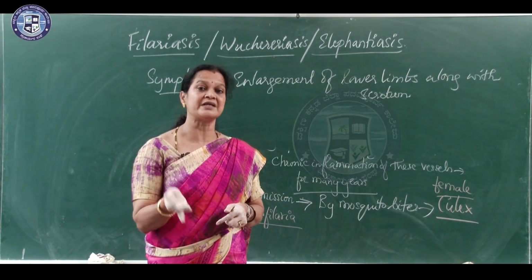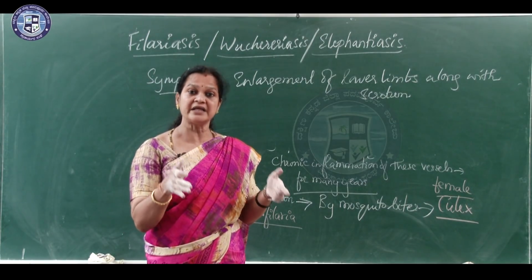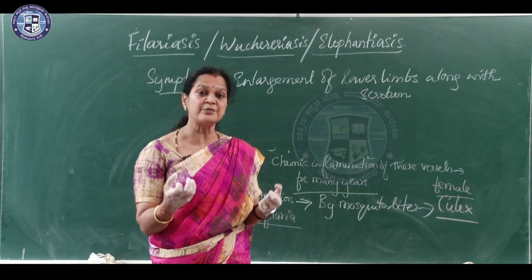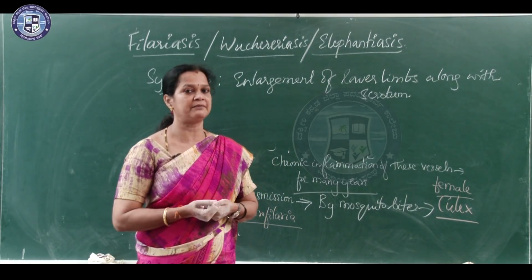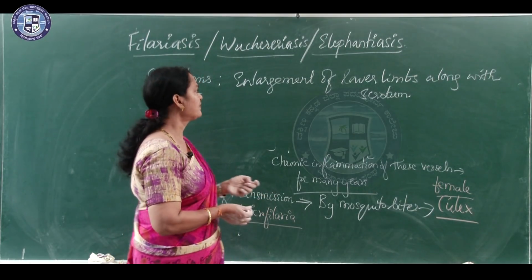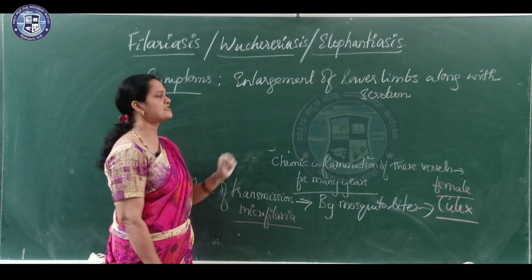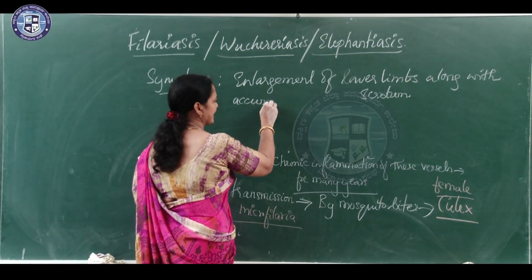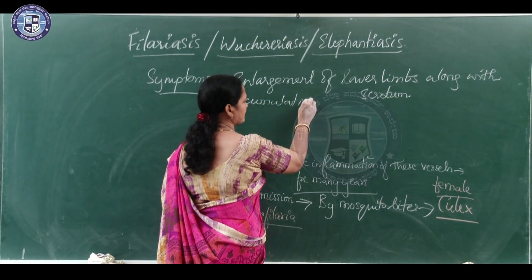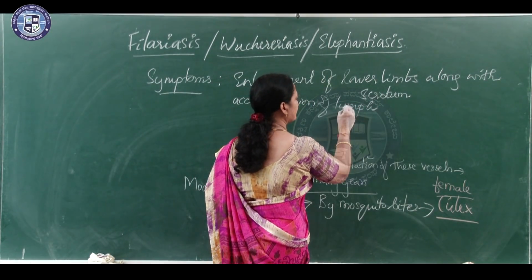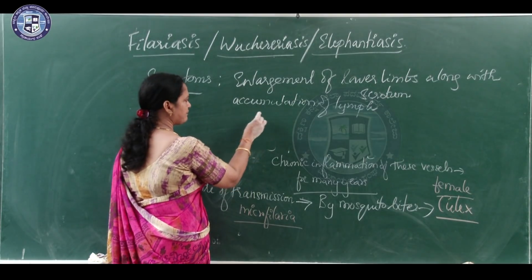Because of that, it is known as elephantiasis or ಆನೆಕಾಲು ರೋಗ. ಆನೆಯ ಕಾಲಿನಷ್ಟು ತೋರಾಗ್ತದೆ, ದಪ್ಪ ಆಗ್ತದೆ, because accumulation of lymph fluid will be there. Because of that, it is known as ಆನೆಕಾಲು ರೋಗ. The enlargement of lower limbs is due to accumulation of lymph in the limbs.